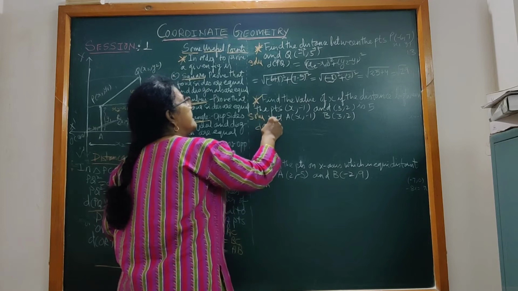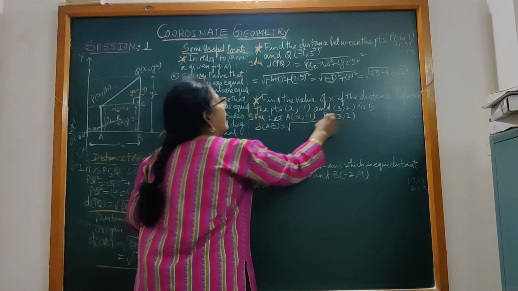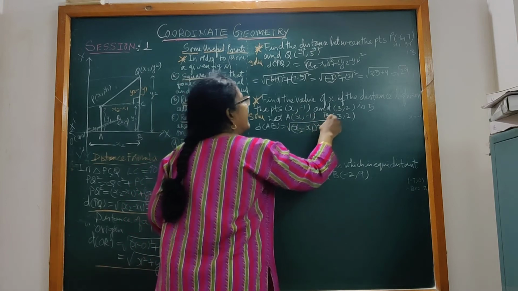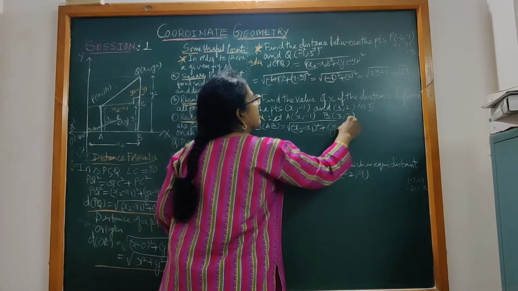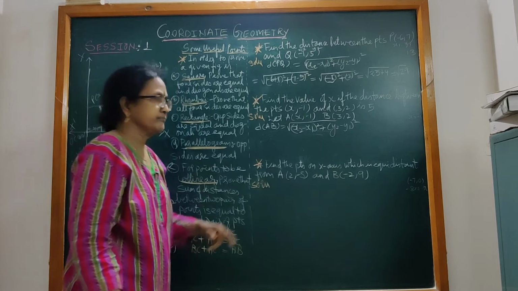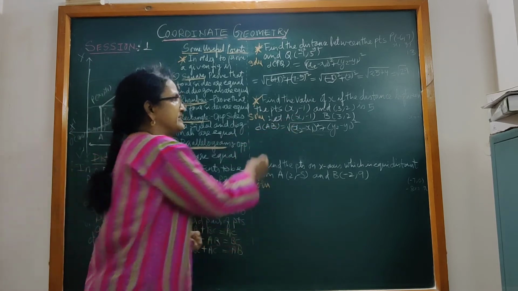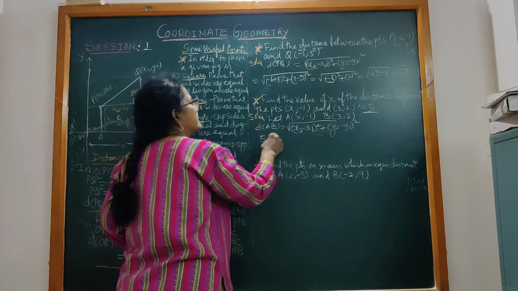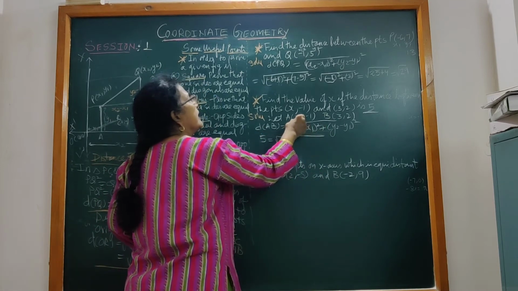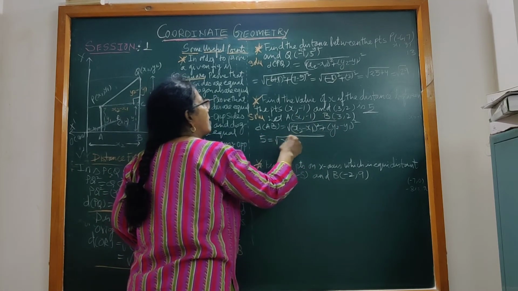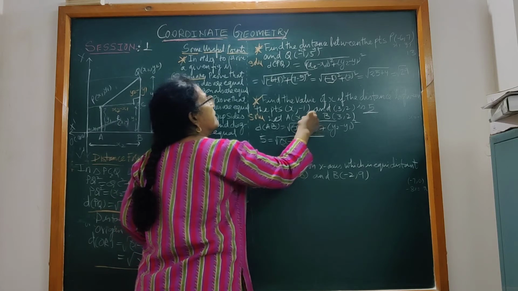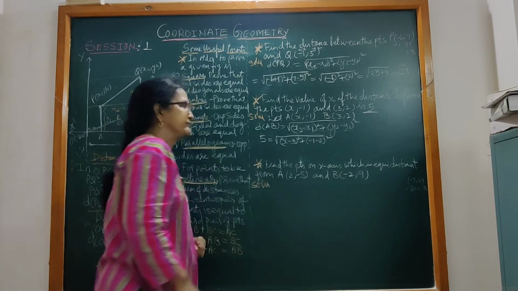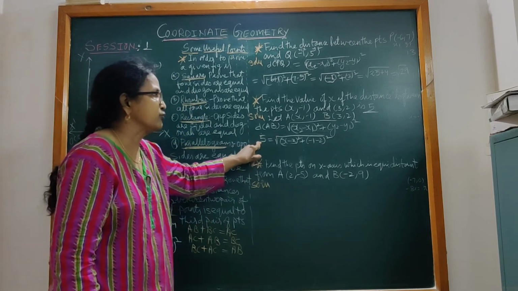Now for distance AB, you have to write the formula: under root x2 minus x1 the whole square plus y2 minus y1 the whole square. So 5 is equal to under root x minus 3 the whole square plus minus 1 minus 2 the whole square. Now the square will cancel the square root.